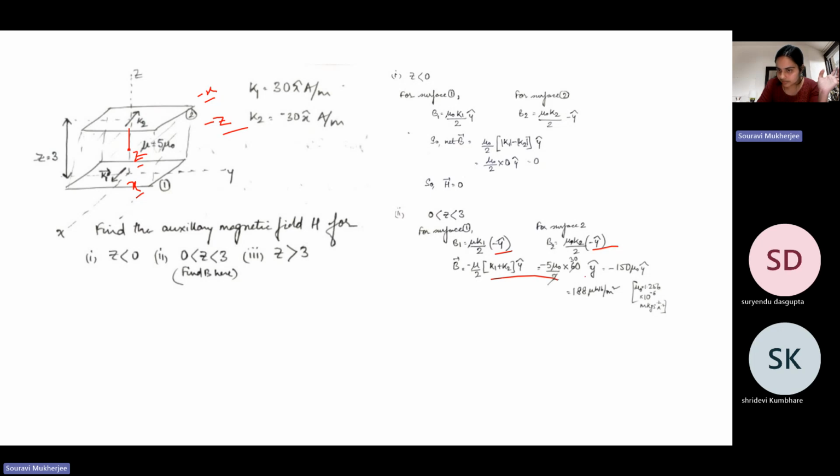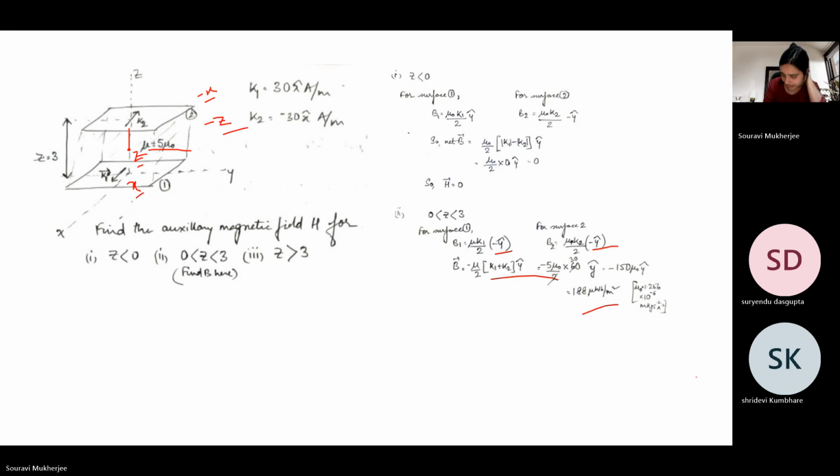When you add the two, this is what you end up getting. Here you have to be careful about including this mu, otherwise your calculations will go wrong. Permeability tells you how the field lines behave. Because it is greater than 1, the field strength will be increased by the presence of the medium, so it's 5 times more.